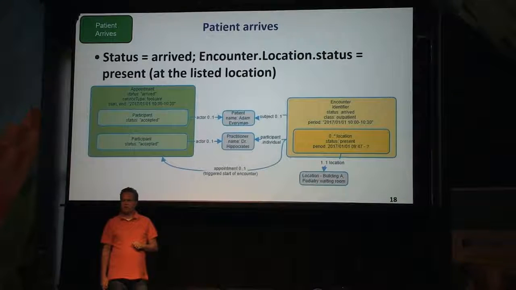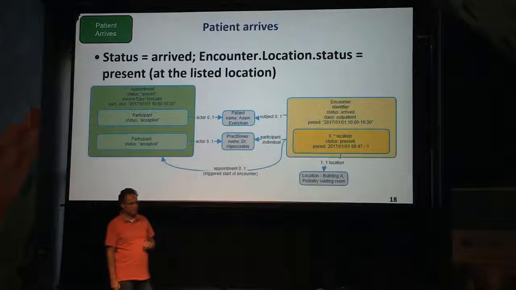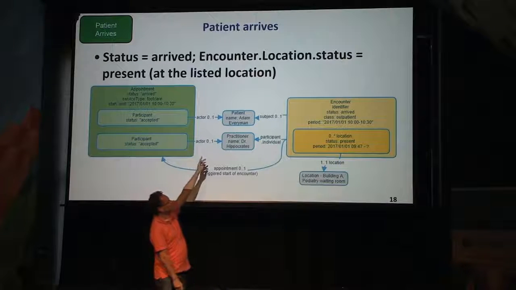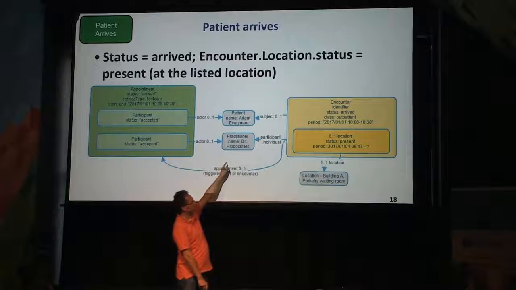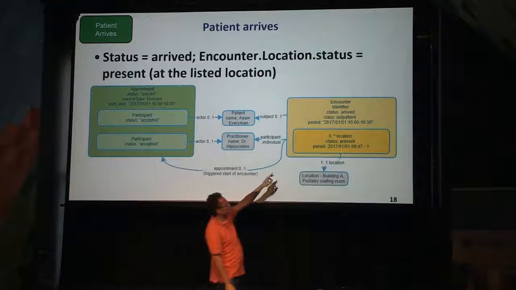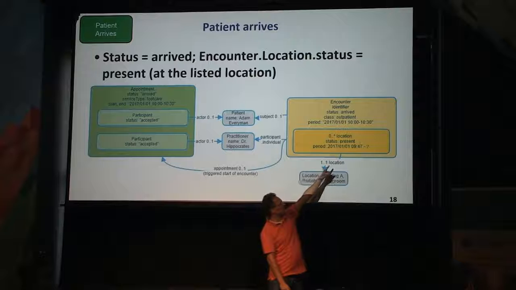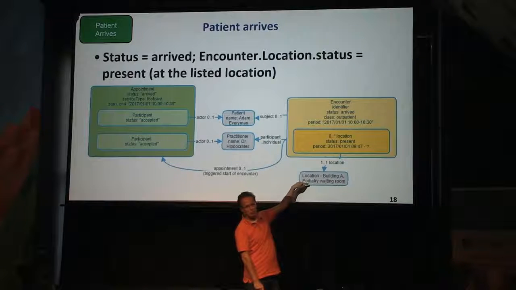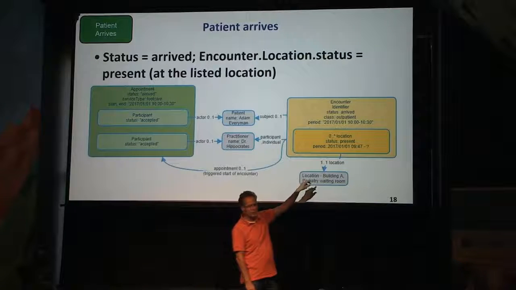Then we have the fact that the patient arrives. So based on our appointment, the appointment changes the status to arrived. What patient? Well, Adam Everyman in his appointment with Dr. Hippocrates, and he has arrived at this point in time at 9:47, and he's sitting in the waiting room. Okay, so his face-to-face appointment with Dr. Hippocrates has not started yet.